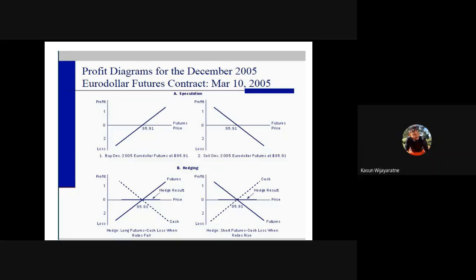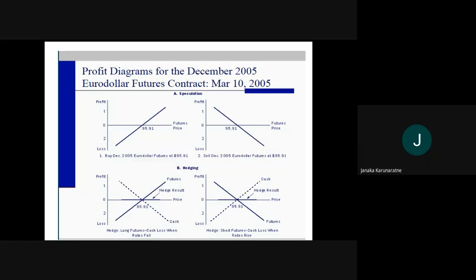Sir, could you please again explain the 4 graphs? Yeah. Now the first graph is about the market interest rate falling. In a falling interest rate scenario, let's say you want to invest in the future in a particular instrument.